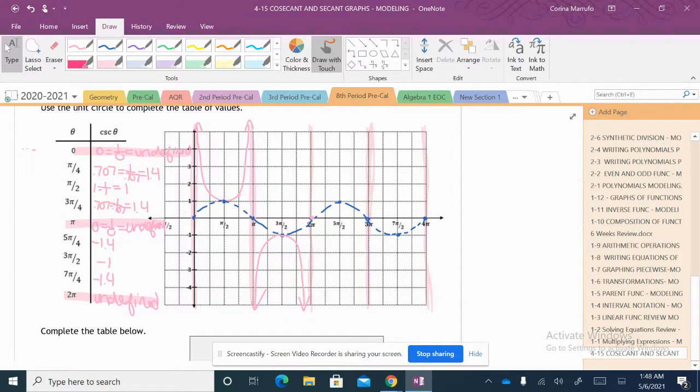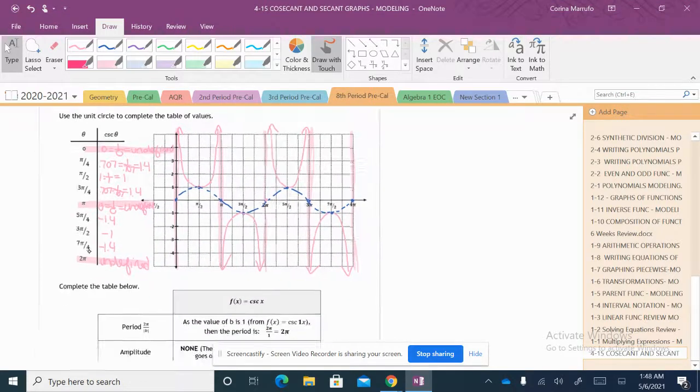One cycle, there you go, there's a word. That's one cycle, and then it starts over again. So it just keeps repeating the same thing over and over. That is what your cosecant graph looks like. You have the asymptotes, you have the little curves. The sine function is just there to help us place the curves.